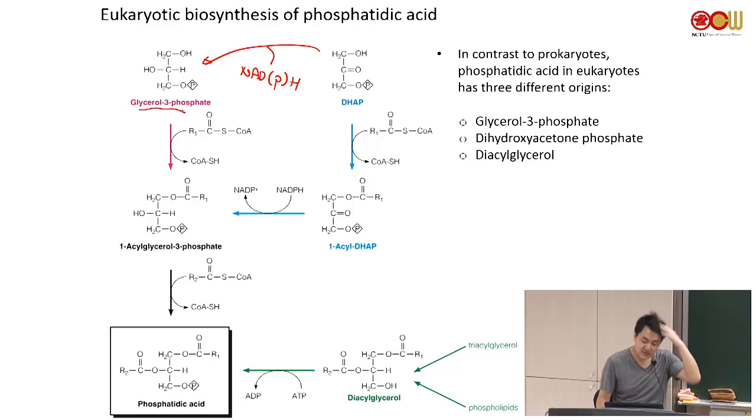Okay, so typically, of course, we go to glycerol 3-phosphate and then you make your diacylglycerides. But now, in eukaryotic systems, what I can do is have DHAP. Since I already have an OH here, I can directly add a fatty acyl-CoA and first add 1 tail.